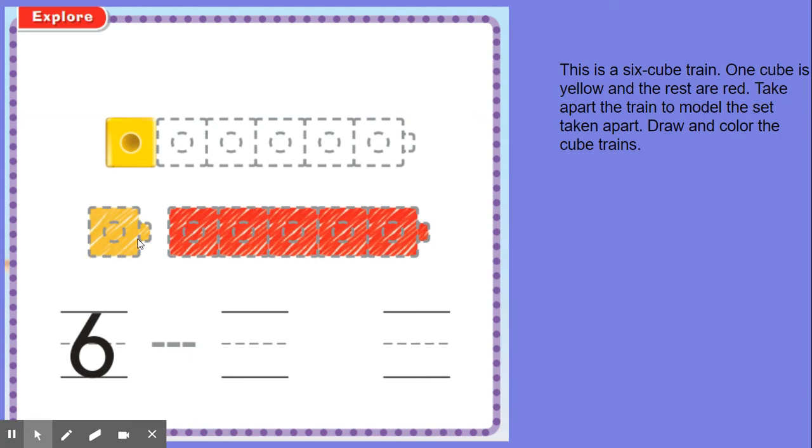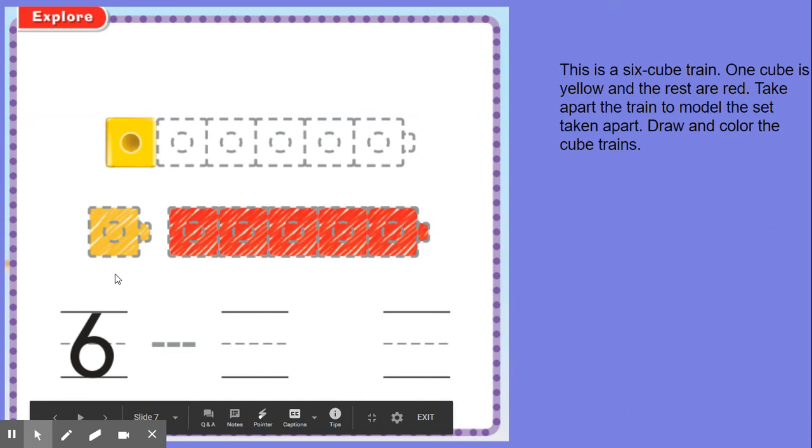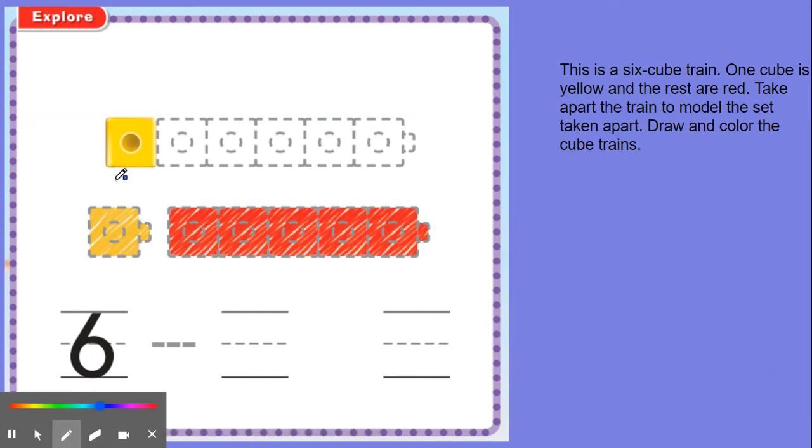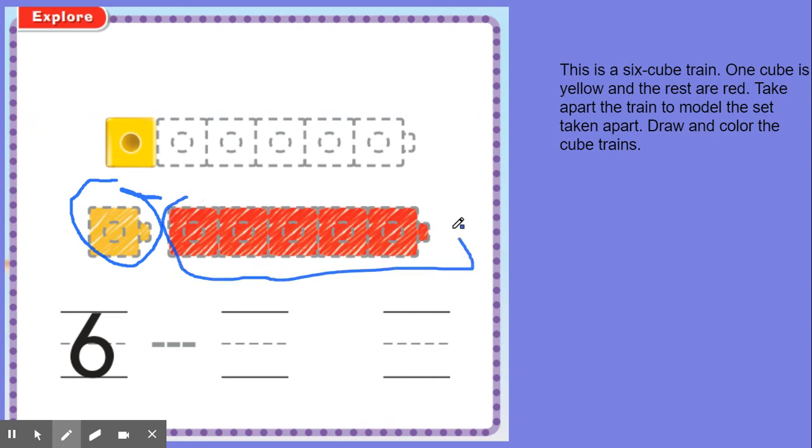Now that I've separated them, there are going to be 2 groups. That's why there are 2 boxes. So this is one group. And then the red is a group. So these are my 2 groups.